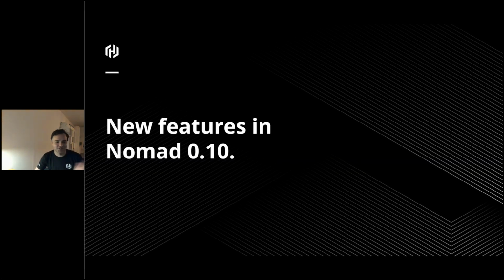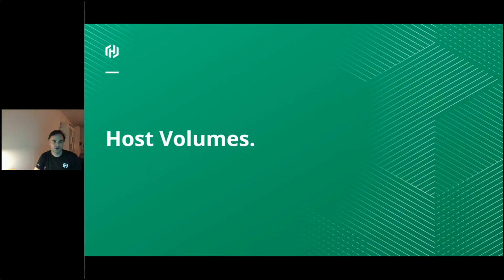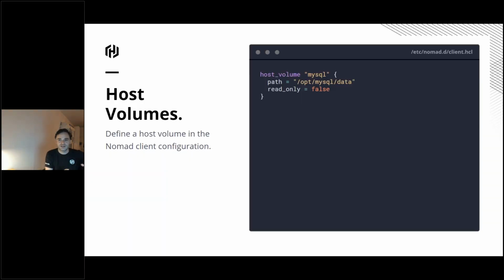All right, so let's start with the new features of Nomad. First of all, host volumes is new, and this allows you to mount paths from your host machines, so your client nodes, into your allocations. How you would do that is you would define in your client configuration a host volume.